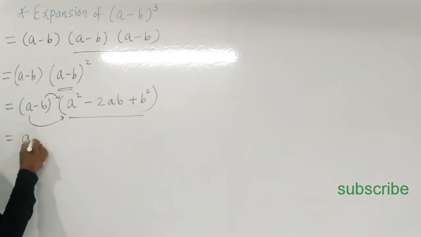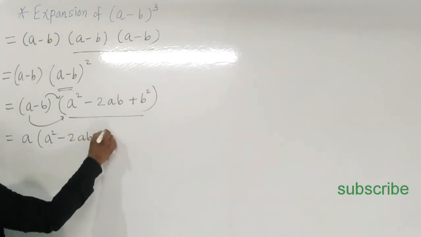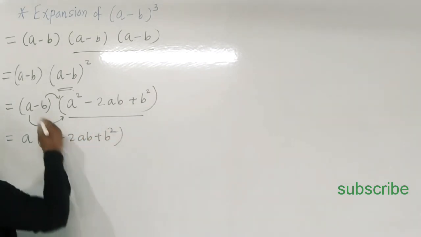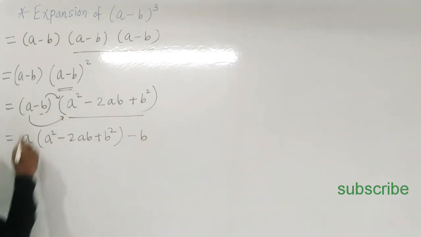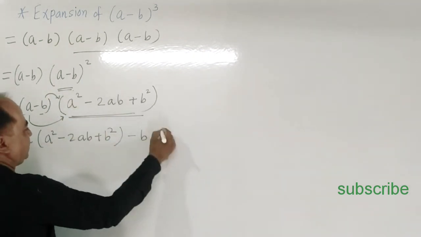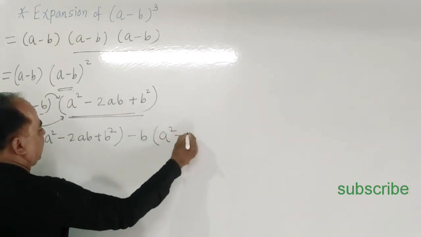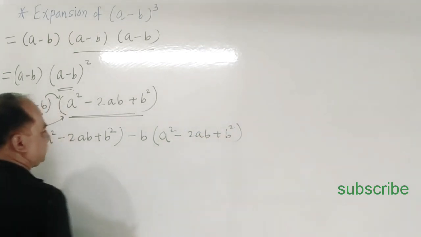So a into a square minus 2ab plus b square, minus b into the entire second bracket, a square minus 2ab plus b square.